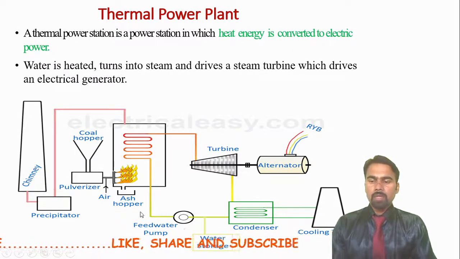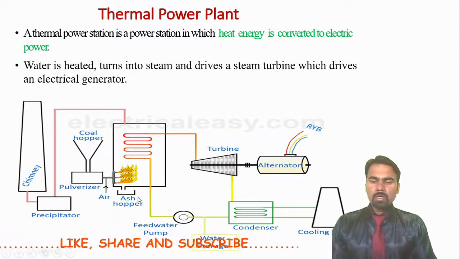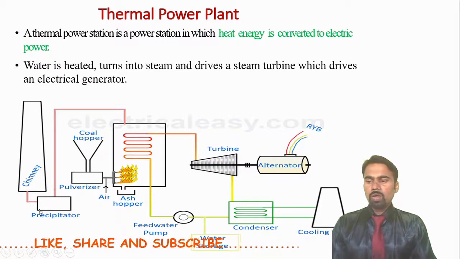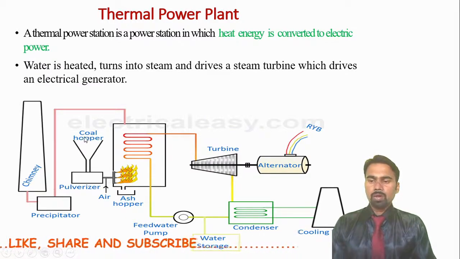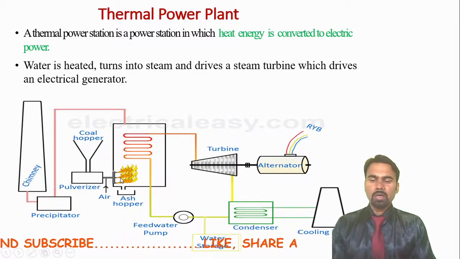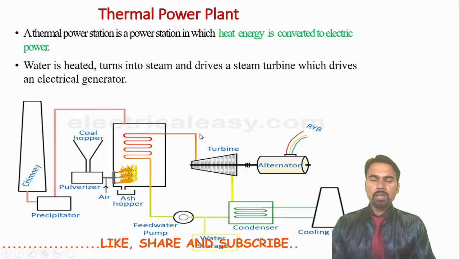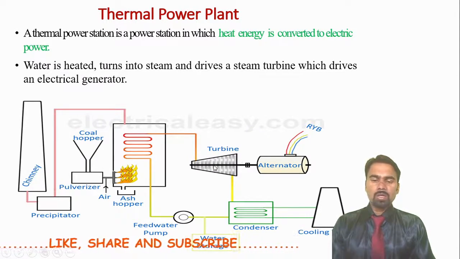Okay, then along with this other components are also there: cooling tower, chimney, coal hopper, precipitator. Okay, now see its working. When we heat the water by burning the coal fuel here, the temperature of the water increases and it is converted into high pressure, high temperature steam, and this steam imparts force on the turbine blades.